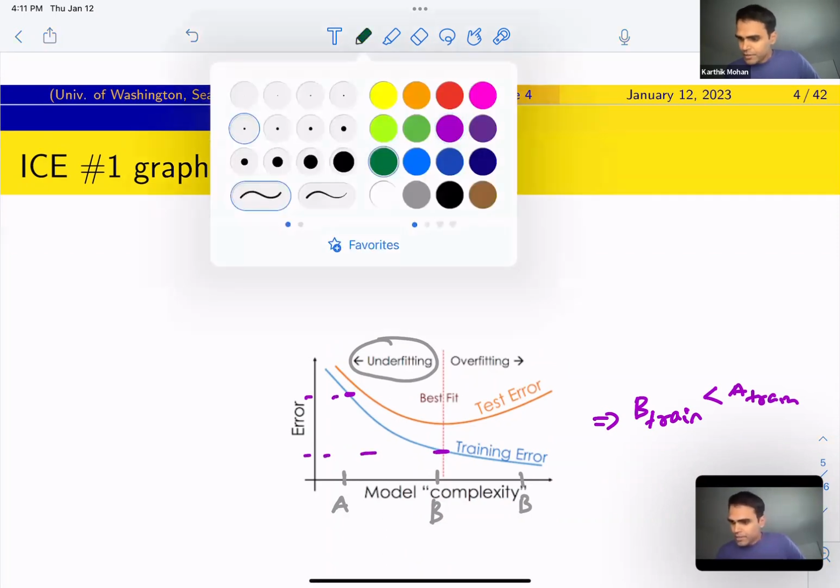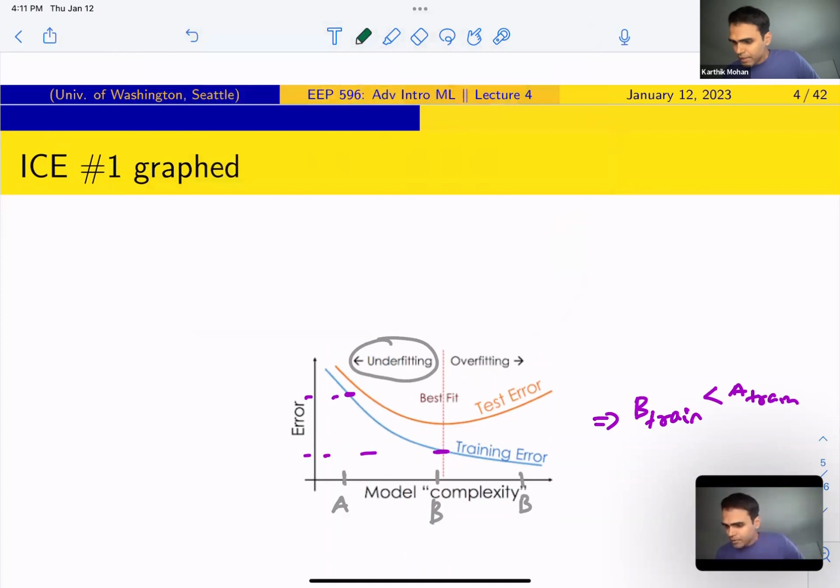Let's look at validation. Validation for A is going to be somewhere here, and validation for B is here.